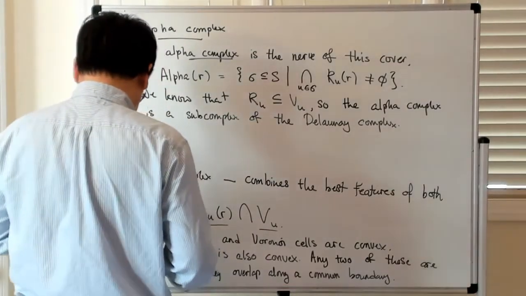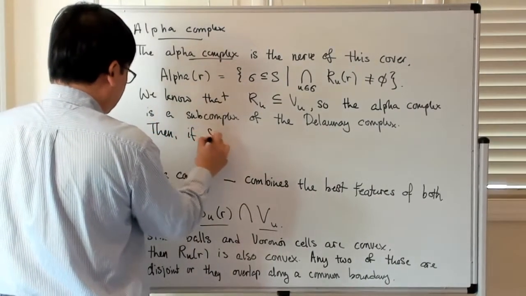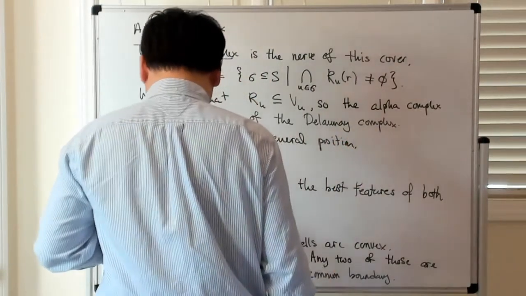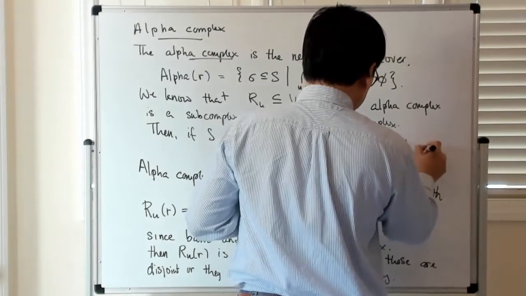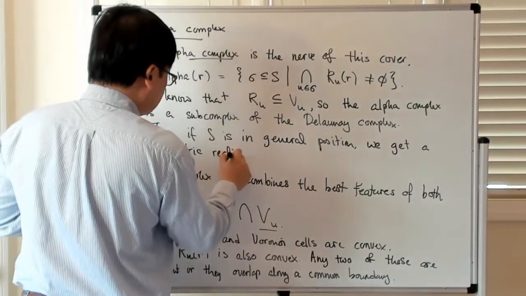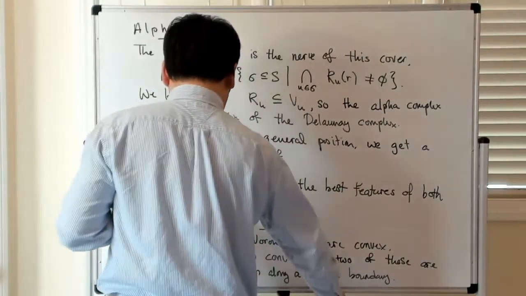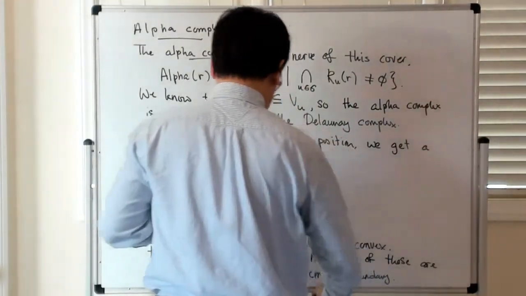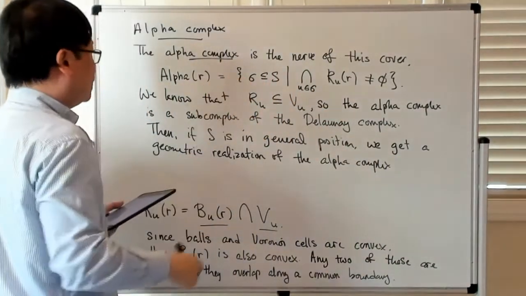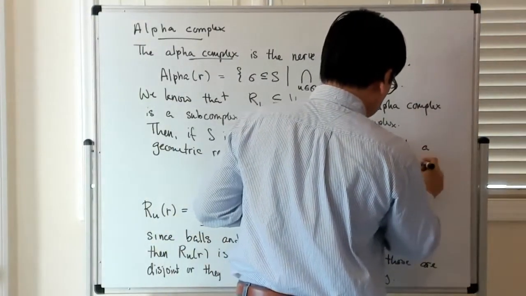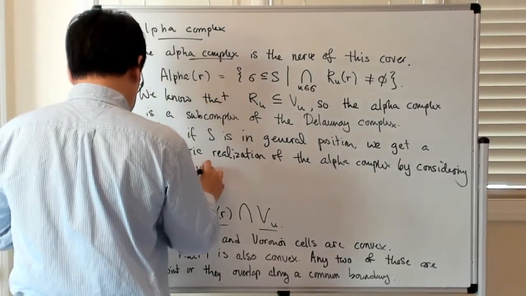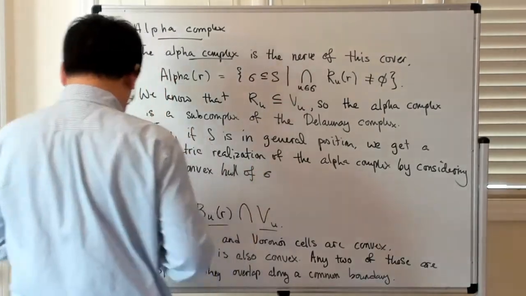So if S is in general position, we get a geometric realization of the alpha complex by looking at the convex hull of these sets, basically, of the sigmas.